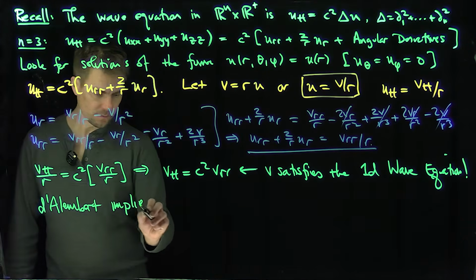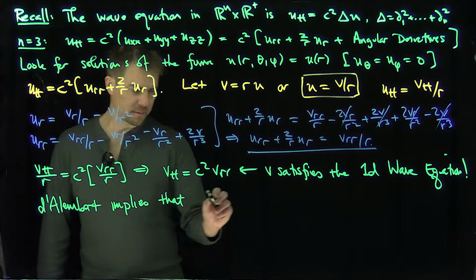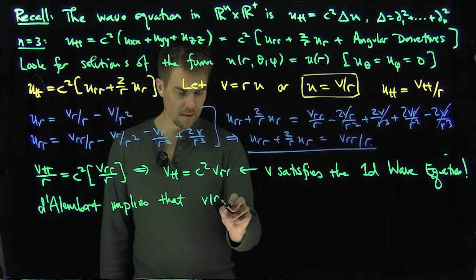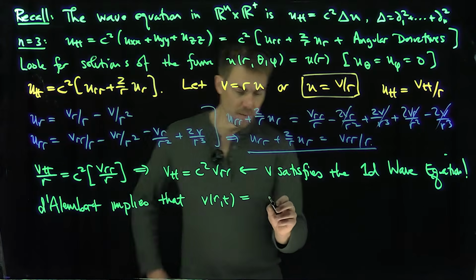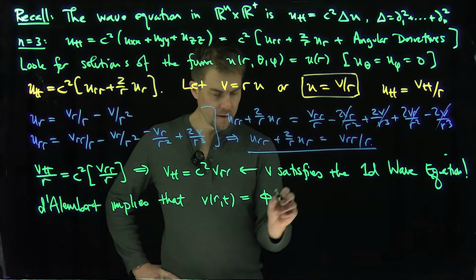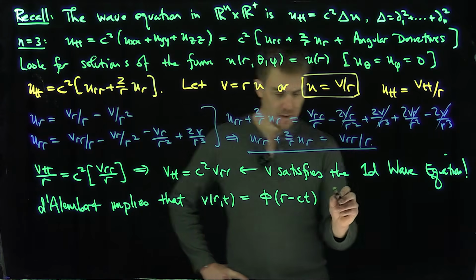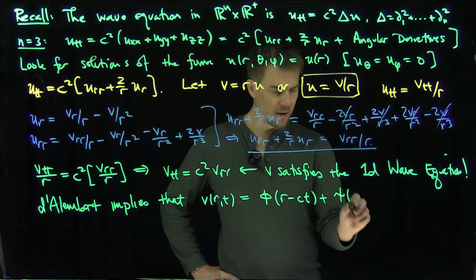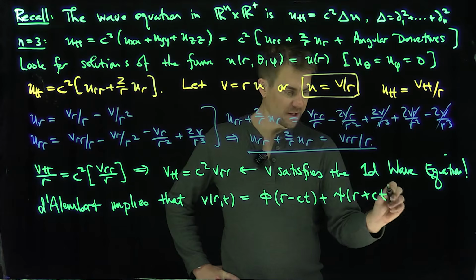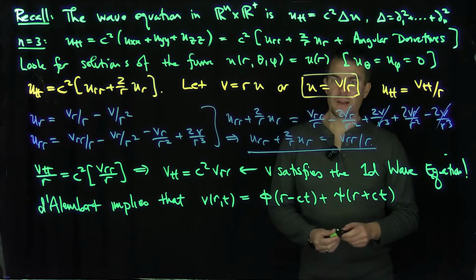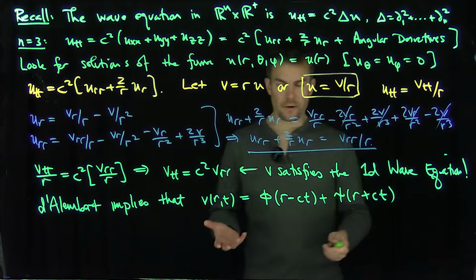By D'Alembert's formula, v(r,t) is going to be an arbitrary function phi of r minus ct plus another function psi of r plus ct. And now I know that u is equal to v over r.